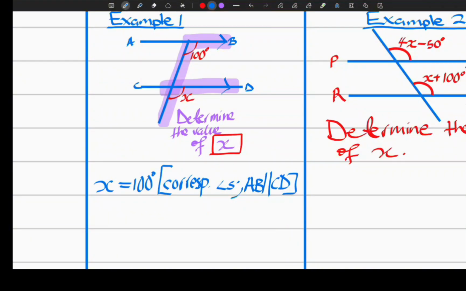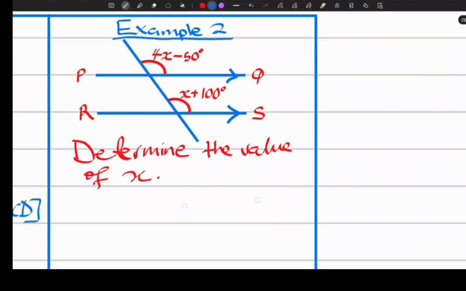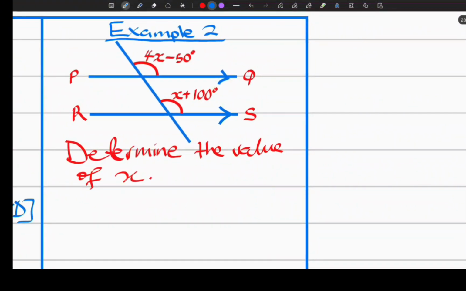That's it. And let's look at a more interesting example. Example number 2. In this example, we are also asked to determine the value of x. And once again, we're given a pair of parallel lines, PQ and RS.